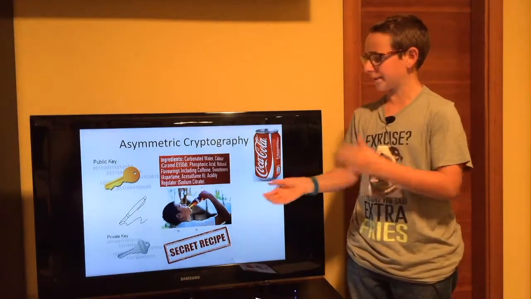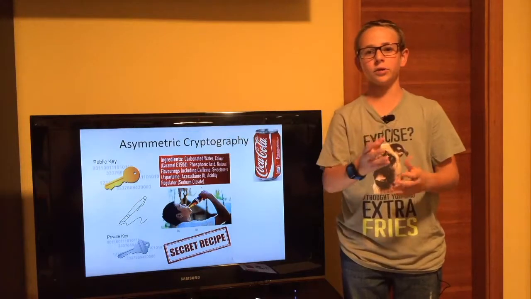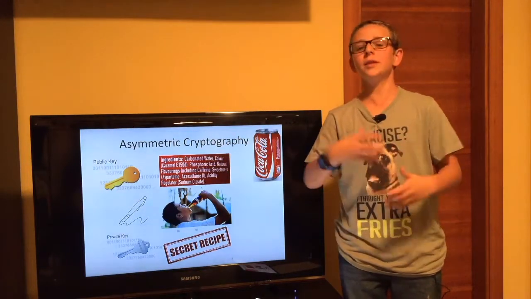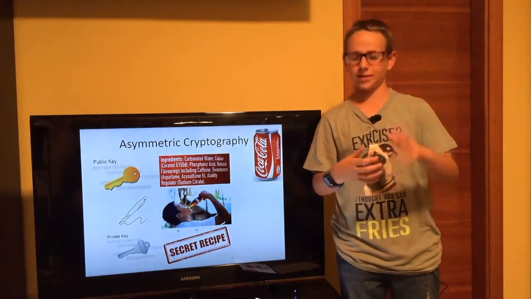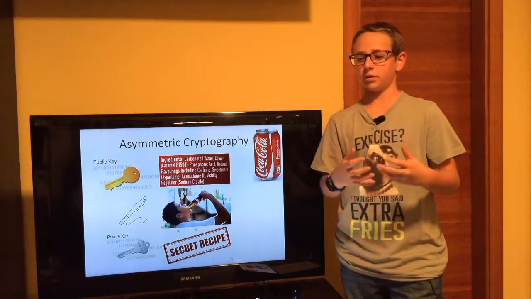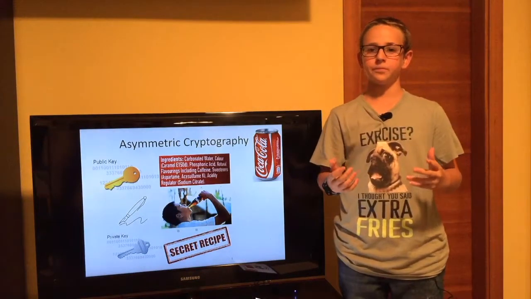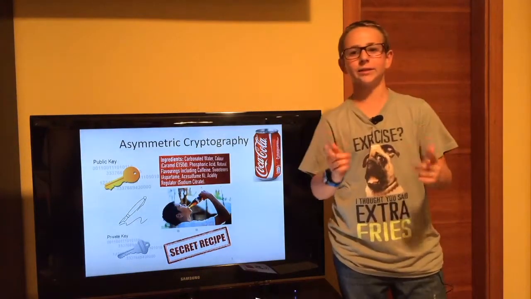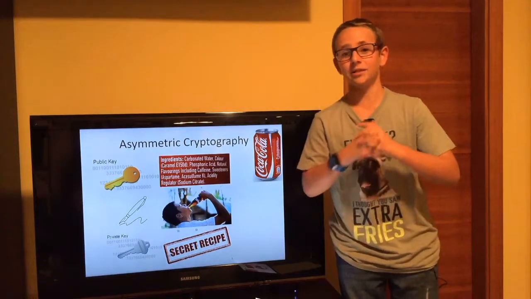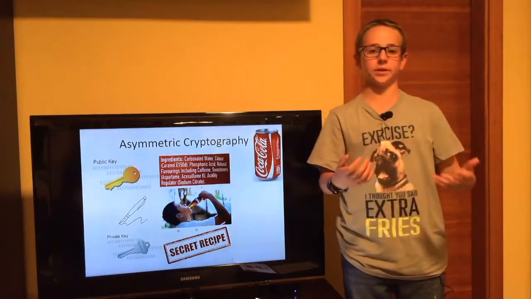But even if you can taste it and see the ingredients, you cannot understand what the secret recipe is. With Bitcoin, it's quite similar. Even if everyone knows your public key and everyone can see your signature, it's impossible to find your private key.